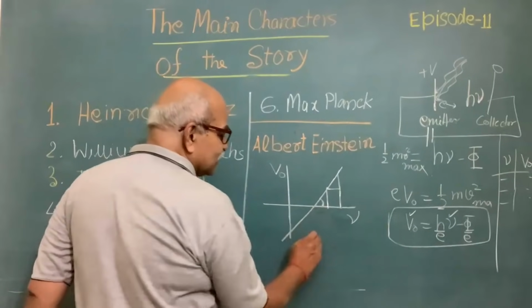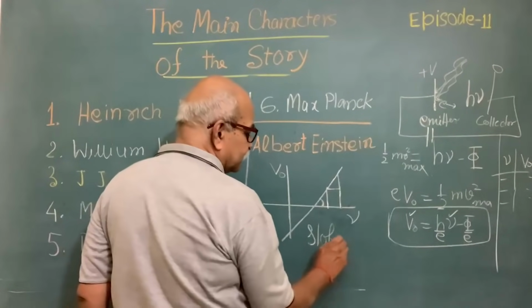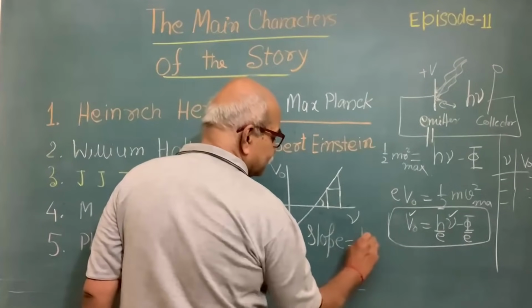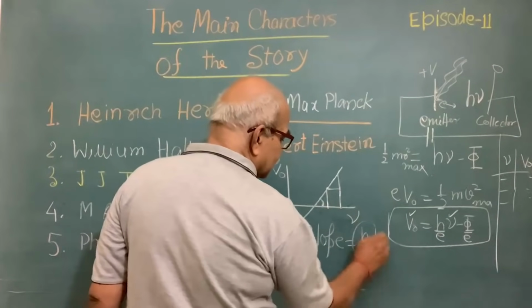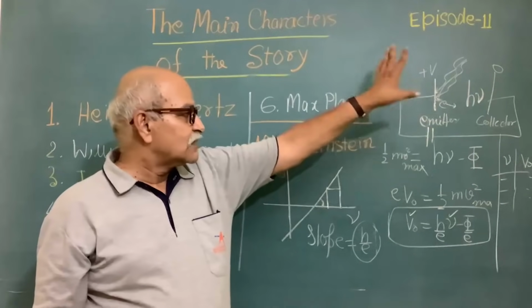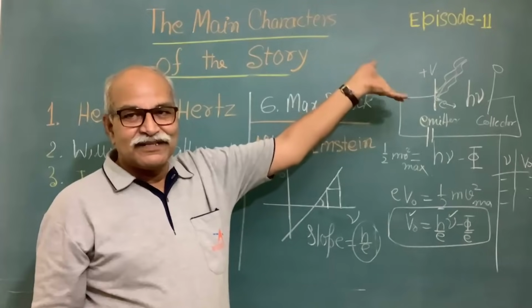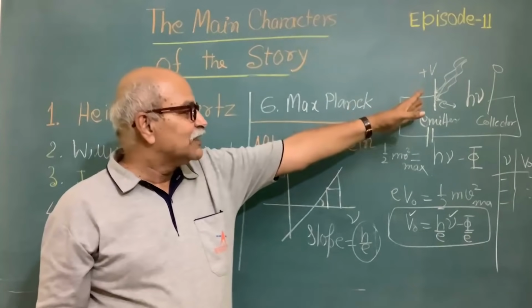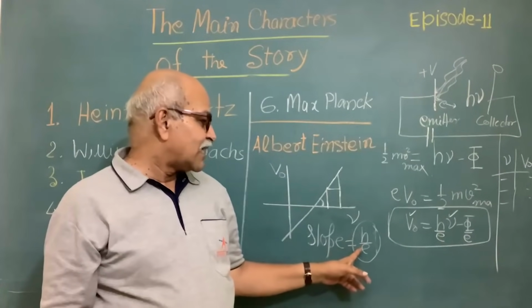So the slope of this curve should be h by e, a universal constant, independent of what material it is, what the work function is, or anything else you think of.